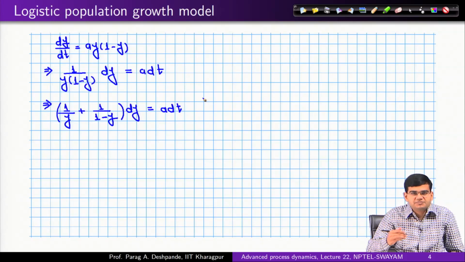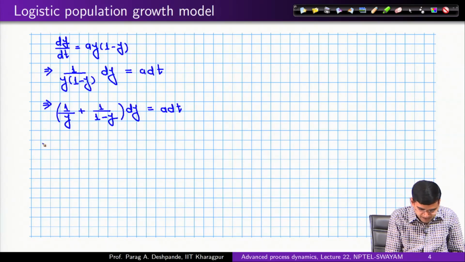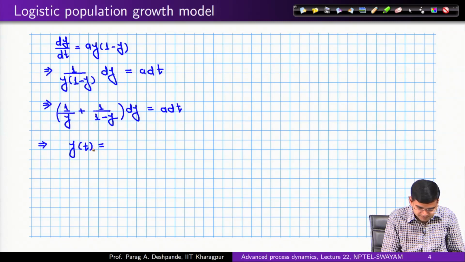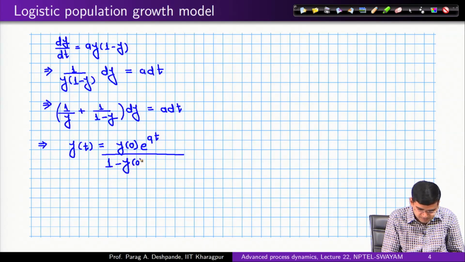Those trivial steps I am leaving for you, and what you should get is y as a function of t is equal to y 0 e to the power a t upon 1 minus y 0 plus y 0 e to the power a t.